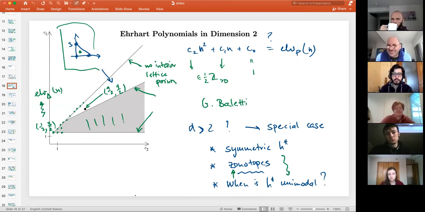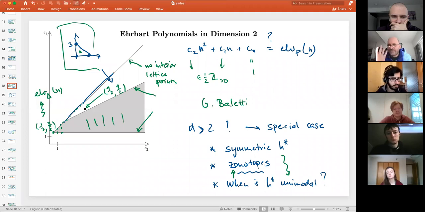The picture is going to look the same. Like I said, I think this is a warm-up, to familiarize yourselves. There will be a ray like this too, and you can ask what F star actually looks like on this ray in the F star plane.